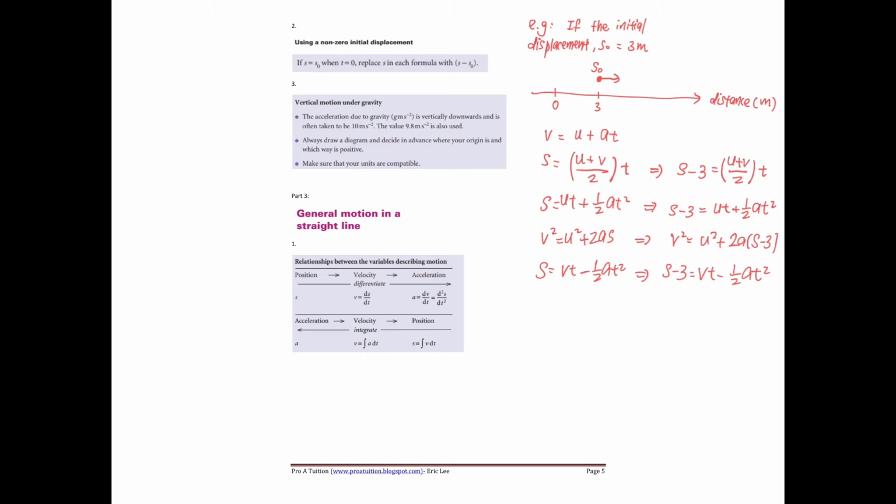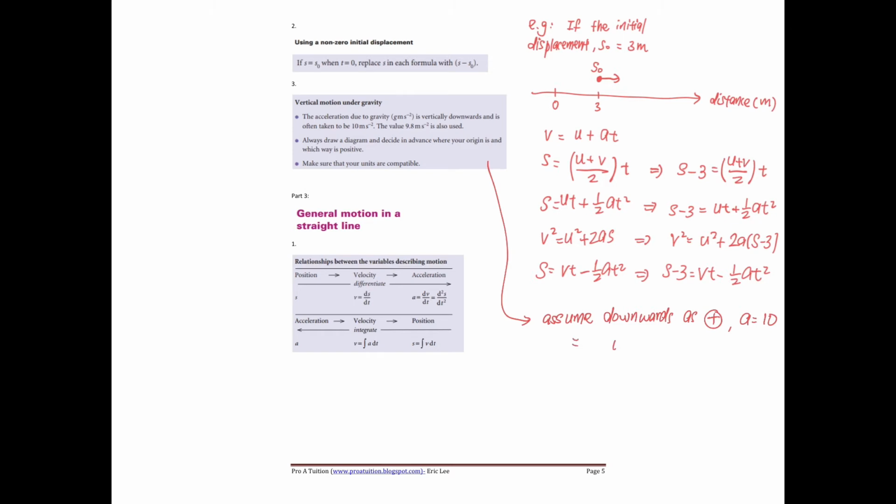Okay, so I write down. So for the situation here, if you assume downward as positive, then A equal to 10. Acceleration due to gravity is 10.